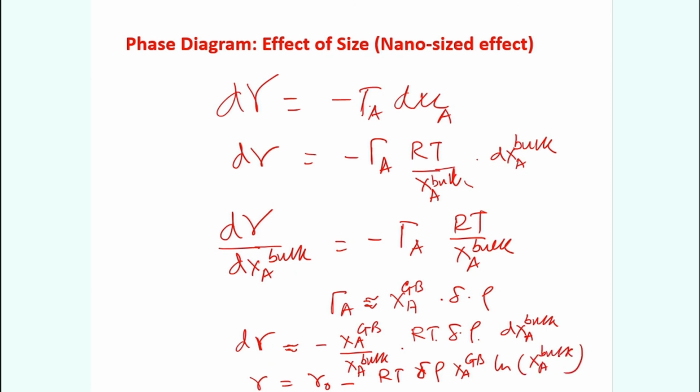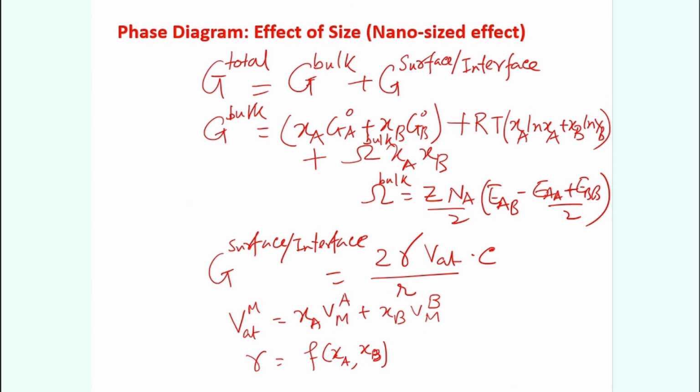That is it. So, if you can get an expression like this after doing so much mathematical calculation in the last half an hour or so, then you can use this expression and put it here in this gamma term. As you see here, because it is a function of x a, virtually it is a function of x b, x b and x c are related, x a plus x b equal to 1.